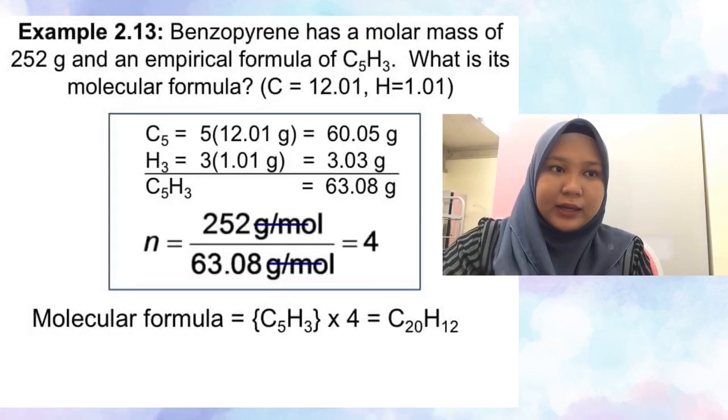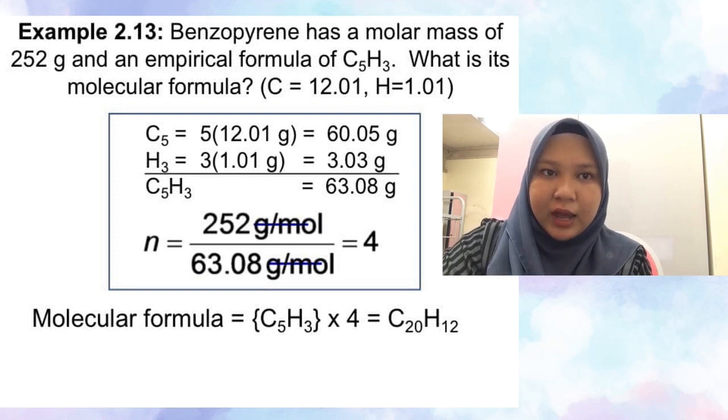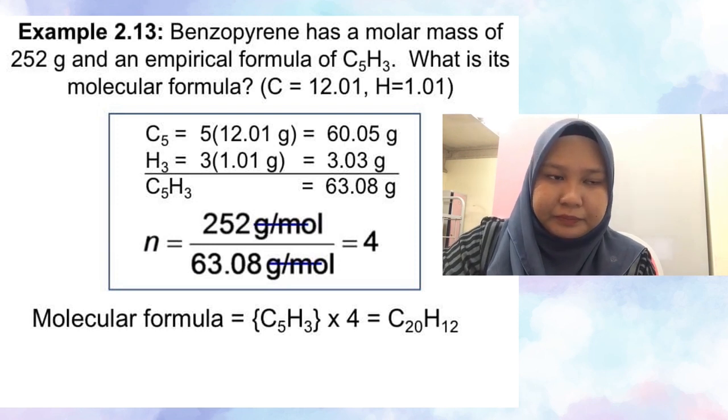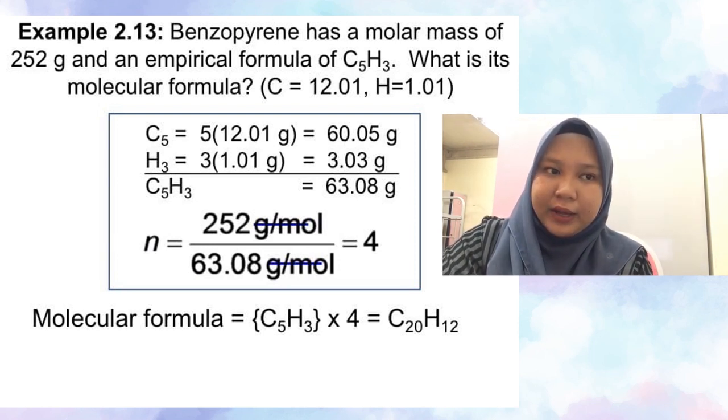And last, example 2.13, benzopyrene has a molar mass of 252 grams per mole and an empirical formula of C5H3. What is its molecular formula? Carbon is 12.01 and hydrogen is 1.01. Carbon 5 equals 5 times 12.01 grams, which equals 60.05 grams.